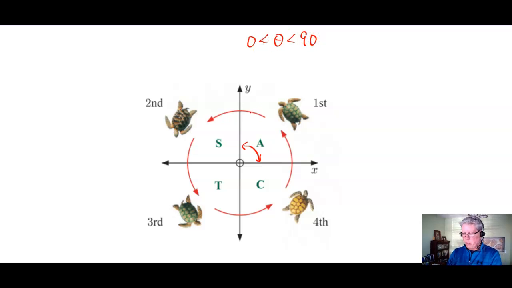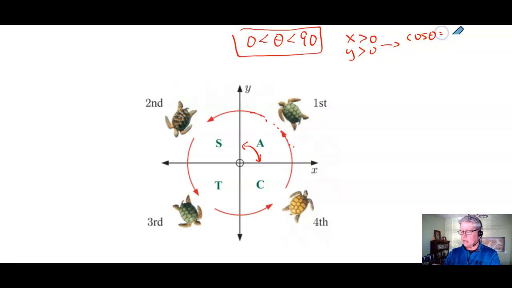So in other words, if we were a point on the unit circle, what would the x be and what would the y be? So x would be greater than 0 and y would be greater than 0. But what that is saying is that if theta is between 0 and 90, then the cosine of theta is greater than 0 and the sine of theta is greater than 0.